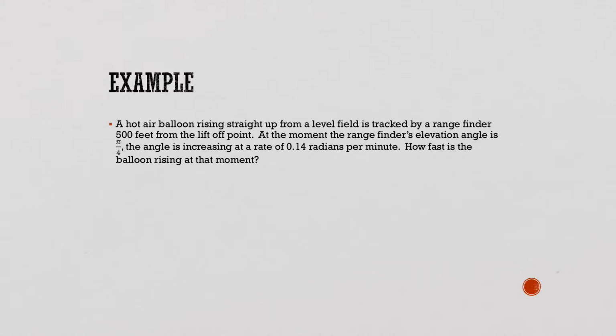So if we start drawing our picture, we know a hot air balloon is rising straight up. So here's my balloon going straight up, and this has height h. It's being tracked by a rangefinder 500 feet from the liftoff point. So over here, 500 feet, is my little rangefinder.